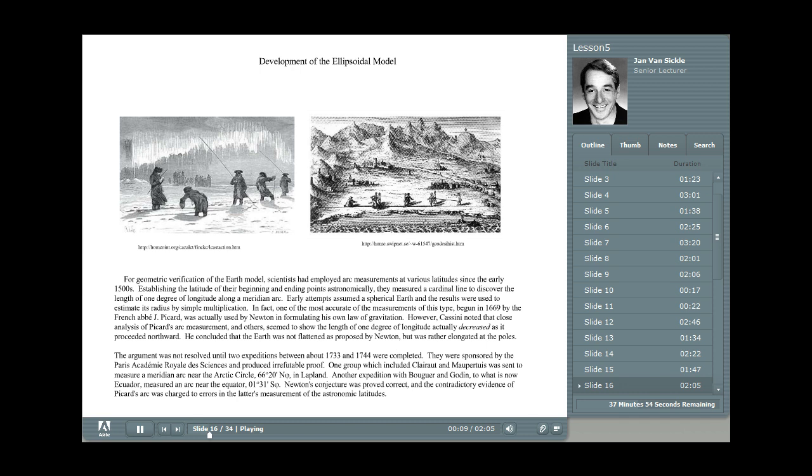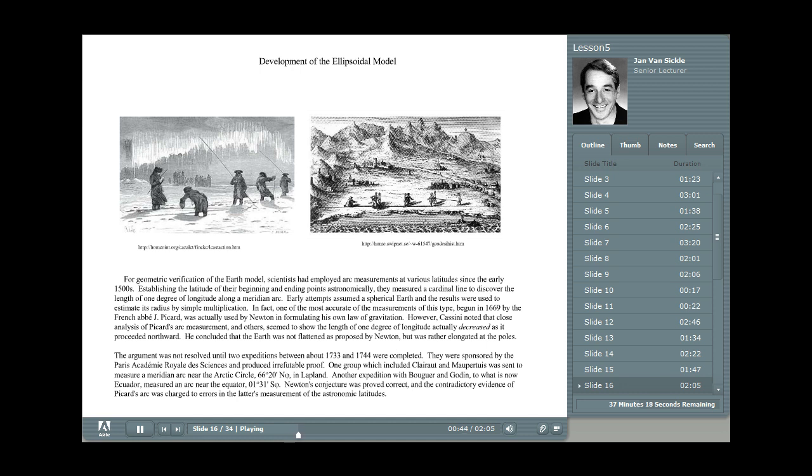Geometric verification of the idea of an ellipsoidal Earth was done with arc measurements at different latitudes. If you establish the beginning and ending points with astronomic observations and then measure along a cardinal line, a north line, you can discover the length of 1 degree along that arc. Now, early on, the idea was that there was a spherical Earth, and the results were used to estimate the radius.